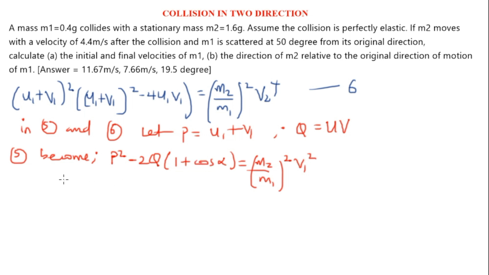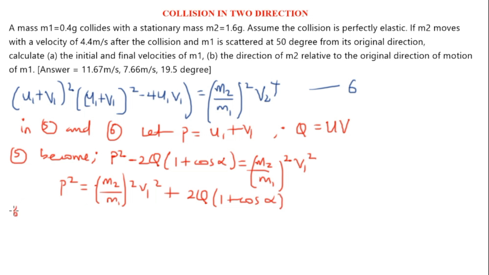So I can make p squared the subject of the formula, so that I will have something of this nature: (m2 upon m1) squared v1 squared plus 2q (1 plus cos alpha). So that's p squared.